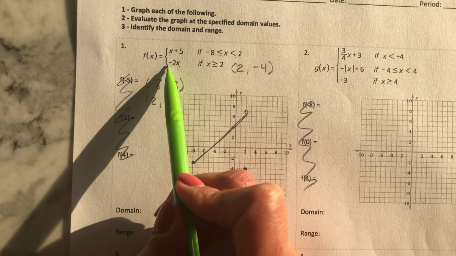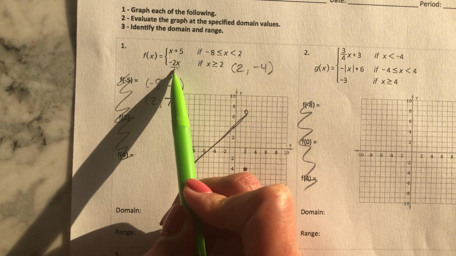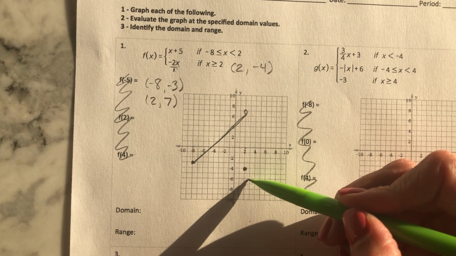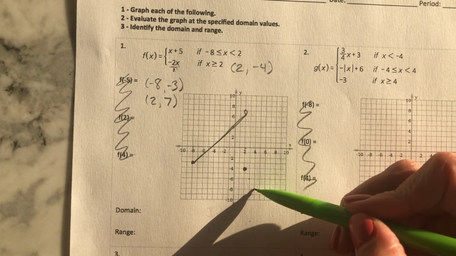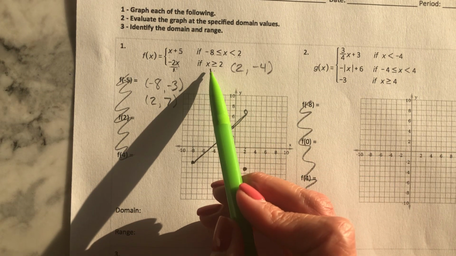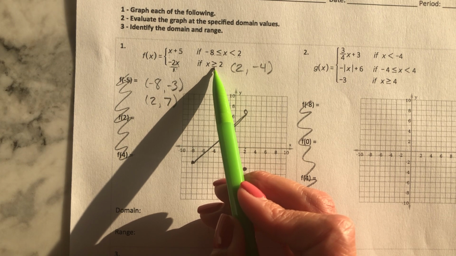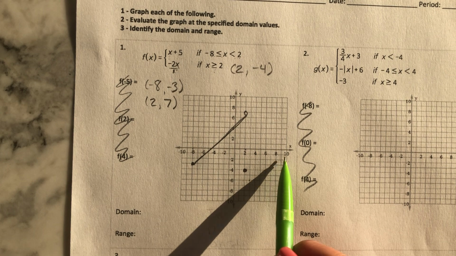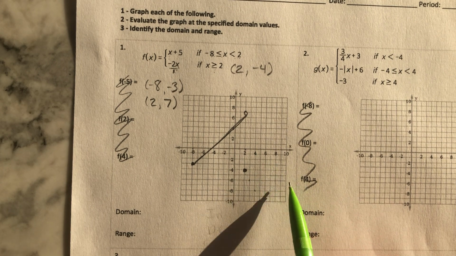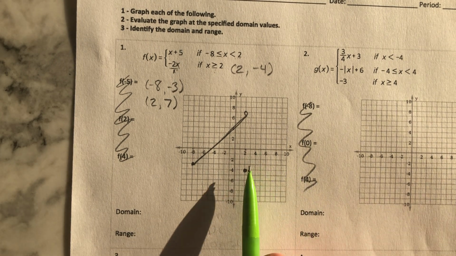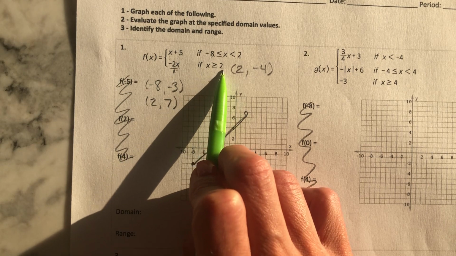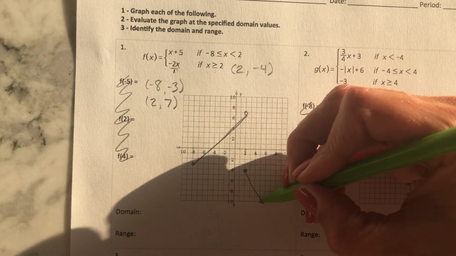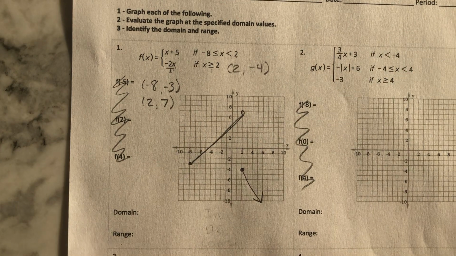The slope is -2 over 1, so down 2 over 1, down 2 over 1. And x is greater than 2, so it's going to be this side of the graph because you want to get bigger. X is bigger than 2. And then that would be your line there.